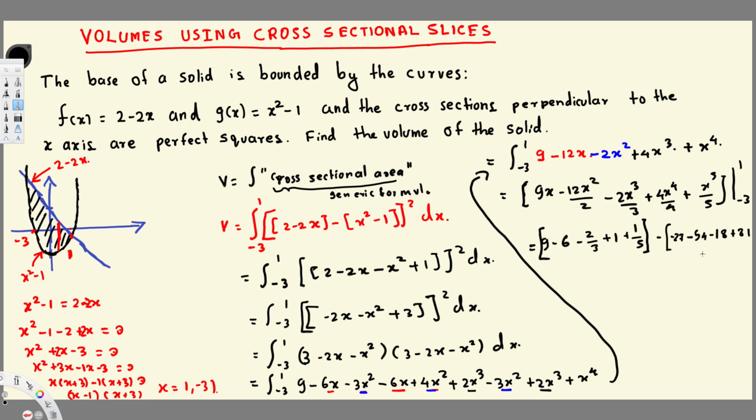So negative 243 divided by 5. And if you plug all these values in a calculator, you will get approximately 34.133, right? And that's going to be the volume of this solid.